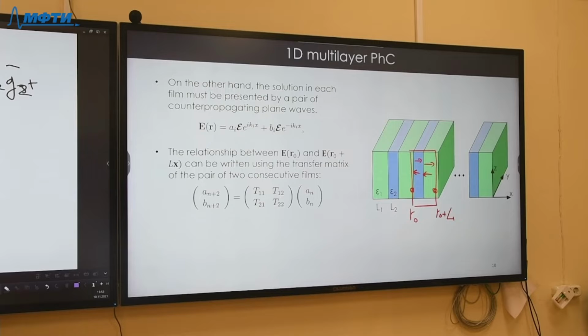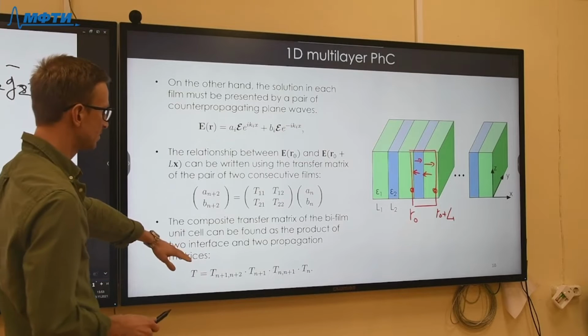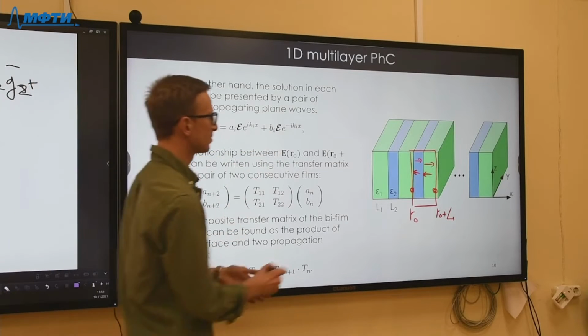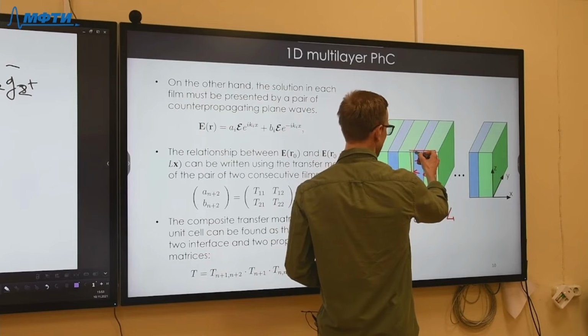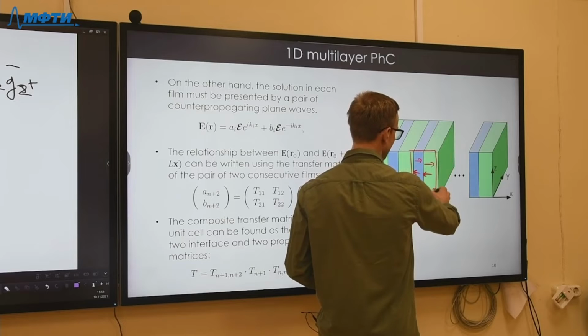We know how the transfer matrix relates the amplitudes of plane waves in different parts of the system. So what I should do is split this unit cell into 4 elements. I have interface 1, I have the film, I have another interface, and I have another film.